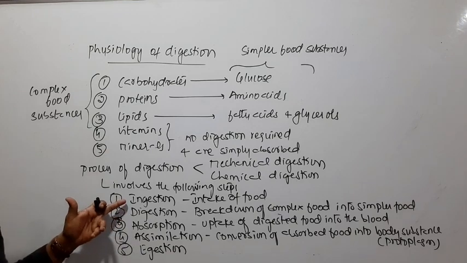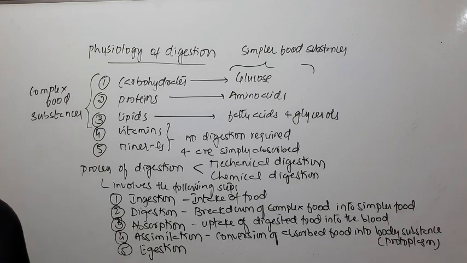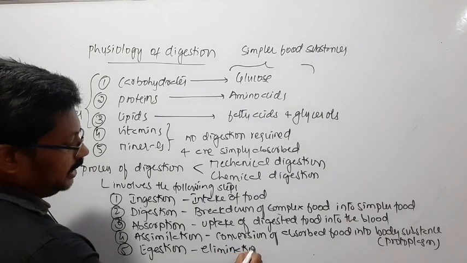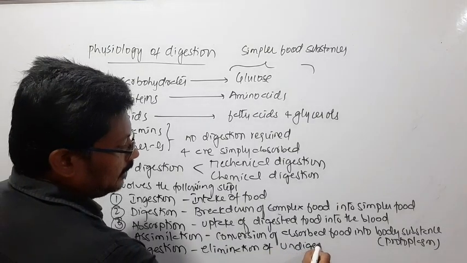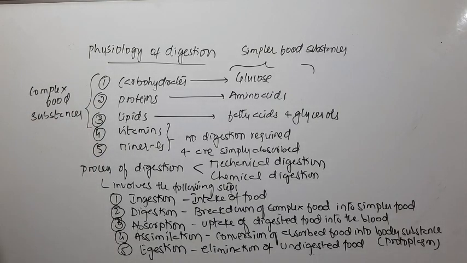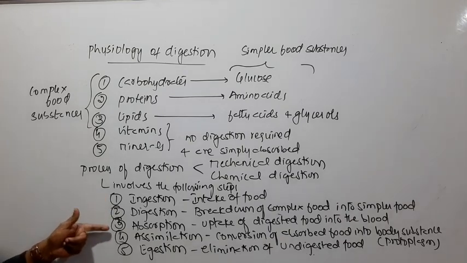So the first one is ingestion, the second is digestion, the third is absorption, and the fourth is assimilation. The last one, egestion, is the elimination of undigested food. So these are the steps in the process of digestion: ingestion, digestion, absorption, assimilation, and egestion.